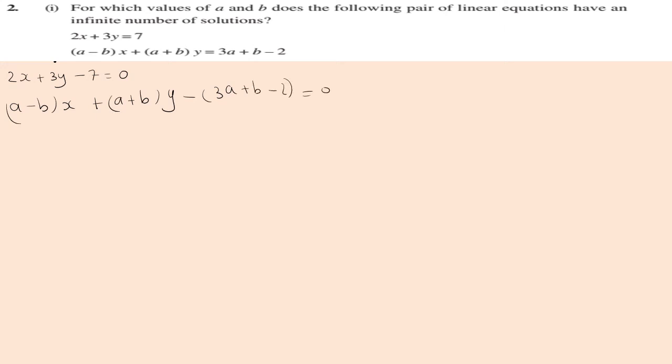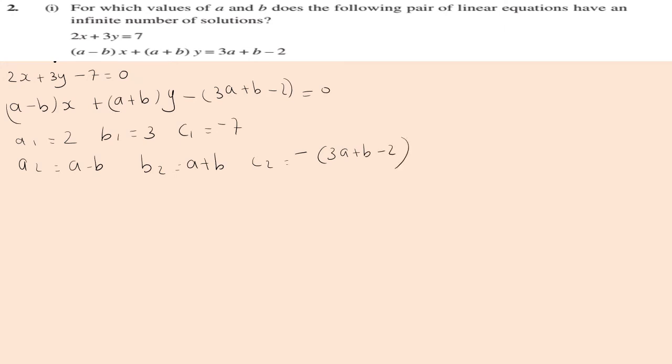Now you write the ratio. For that you have to write a1, that is 2, b1 is 3 and c1 is minus 7, a2 that is a minus b, b2 that is a plus b and c2 that is the constant term minus of (3a plus b minus 2).